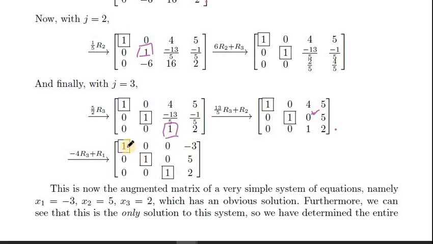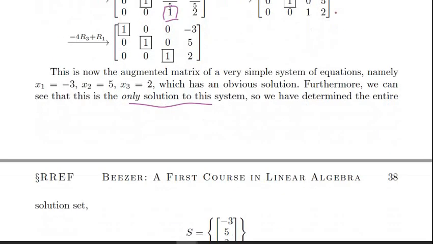We know that the first three columns correspond to variables x1, x2, and x3. So this first row corresponds to the equation x1 equals minus 3. Second row, x2 equals 5. Third row, x3 equals 2. You can see this is the only solution because that's what the equations are: x1 equals minus 3, x2 equals 5, x3 equals 2. There are no other possibilities for x1, x2, x3.